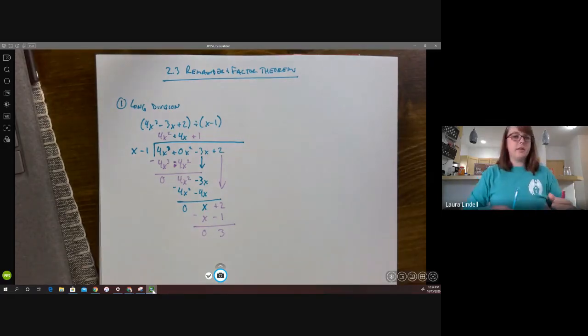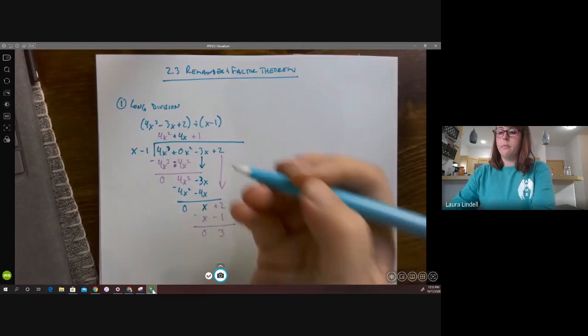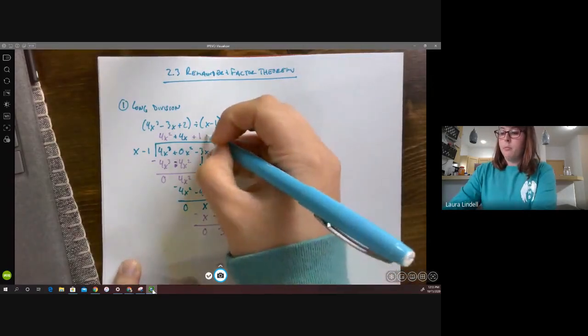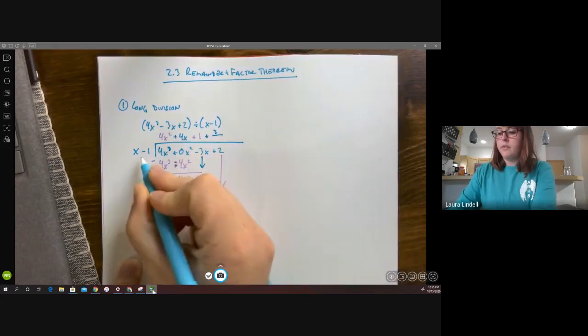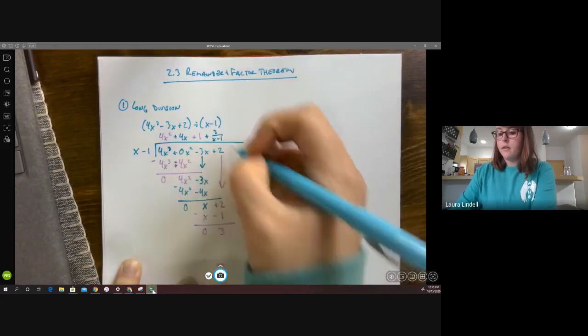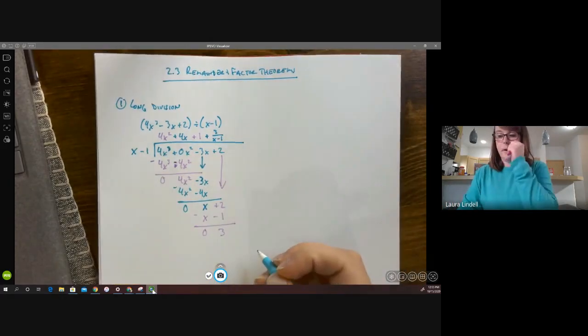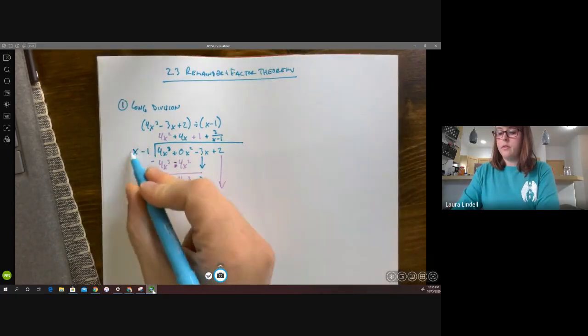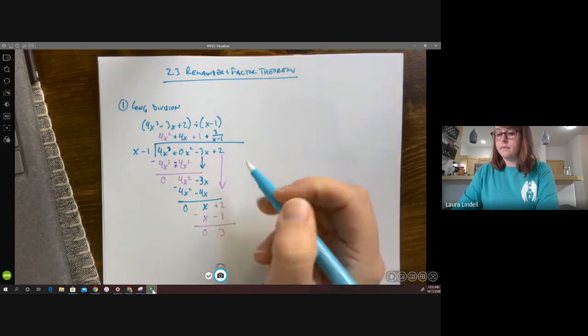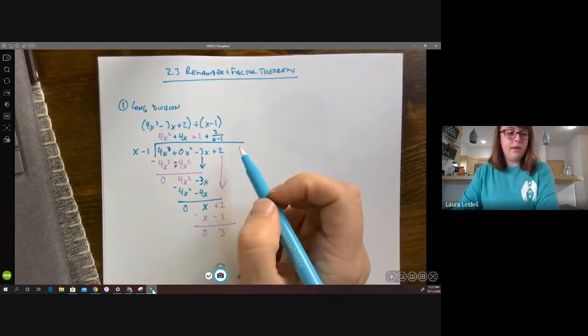But I don't want to put just remainder 3. I want to continue writing this as though it's still a polynomial. So I'm going to go plus 3 over x minus 1, because that's what's left over here: 3 over the original x minus 1.